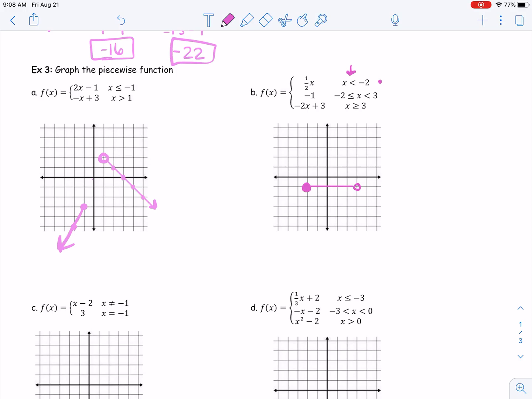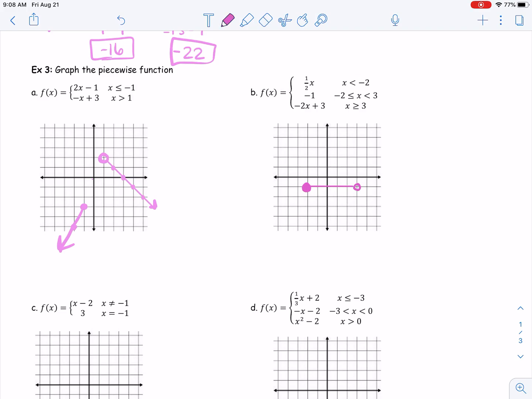That's okay. Sometimes our graph is going to piece together where there's an open dot and then something comes in and fills in that dot. That is perfectly okay. All right, and that's exactly what happened here.